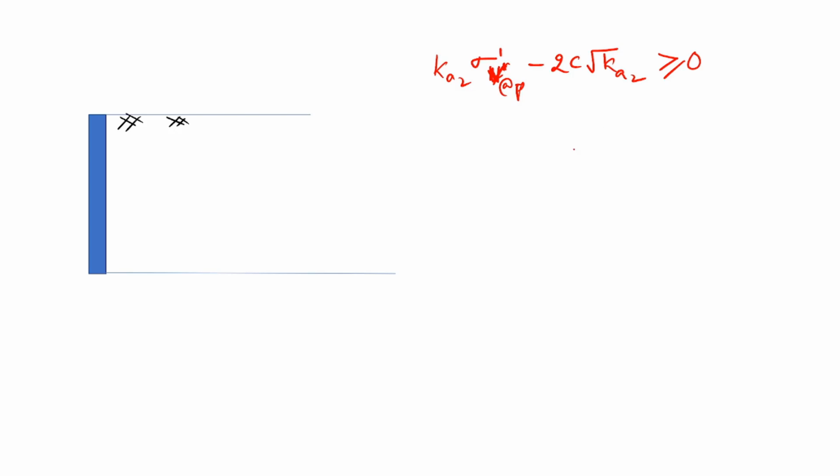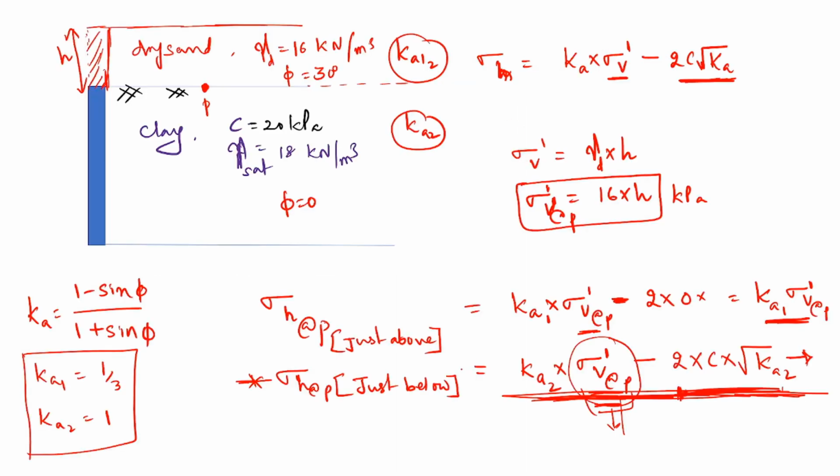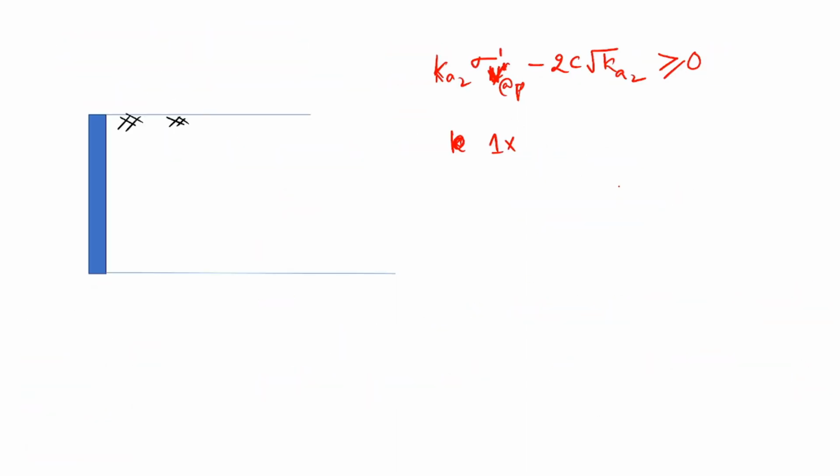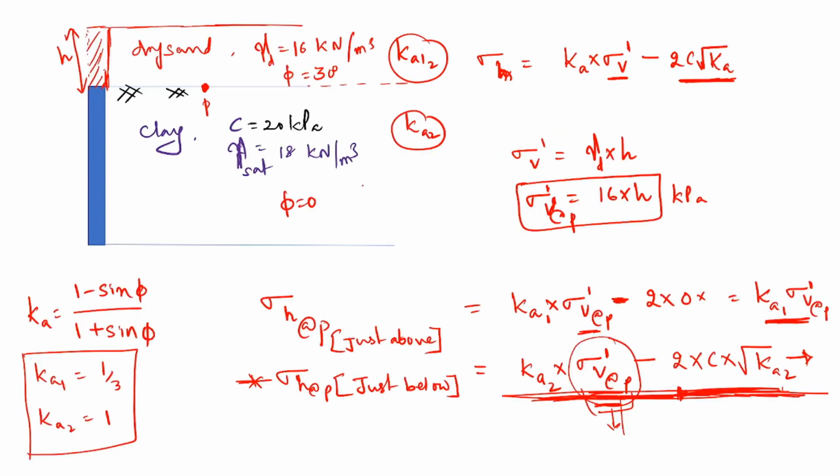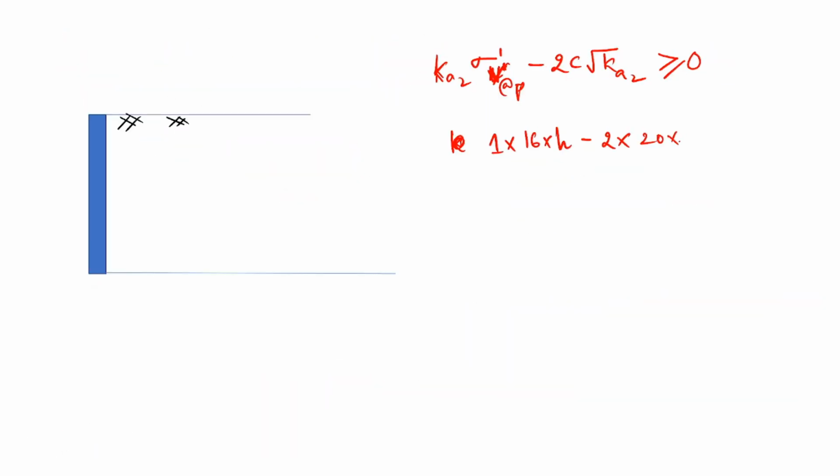Now let us say equal to 0, or else let it be like that. Ka2 is 1. Let us substitute the values. Sigma v is 16 into h, minus 2 into c, where c is 20, multiplied by under root 1, should be greater than 0. So 16h minus 40 greater than 0. H should be greater than 40 by 16.